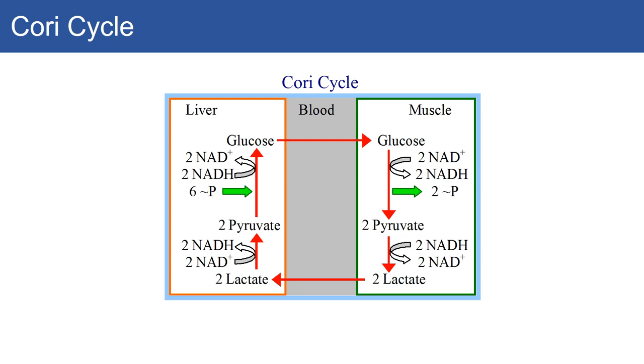It actually costs energy to burn this way. It costs 6 phosphate bonds in the liver for every 2 that are made available in the muscle from that cycle. So the net cost is 4 bonds.